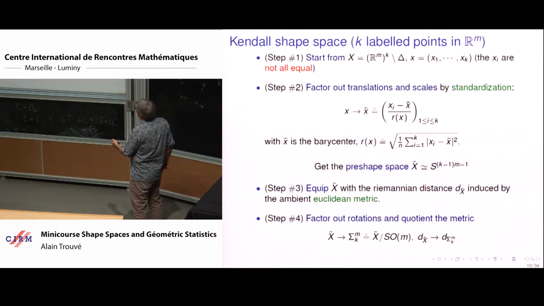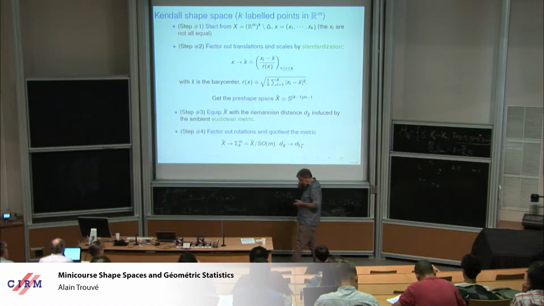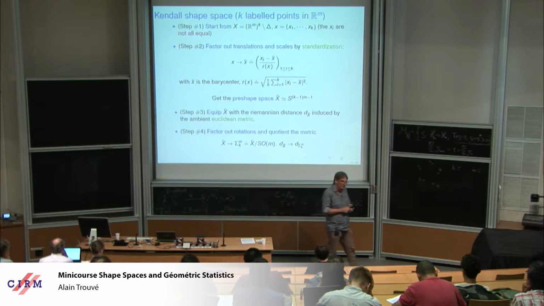Now, you equip this pre-shape space with the Riemannian distance, which is induced by the ambient Euclidean space. And clearly, this is invariant under the action of a rotation.